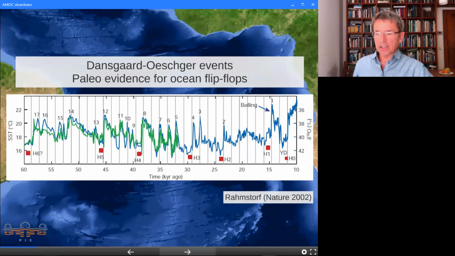So we see the second half of the last ice age and the increase into the Holocene at the very end of this diagram. The blue line is the Greenland ice core record, and it shows these funny spikes that are numbered here. They are sudden warming events, so-called Dansgaard-Oeschger events, after Willi Dansgaard and Hans Oeschger, the ice coring pioneers who described this.